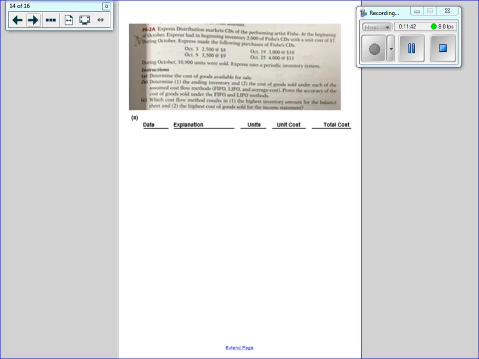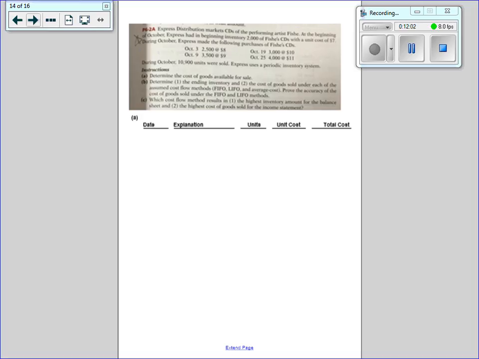Express Distribution markets CDs for the performing artist Fish. At the beginning of October, Express had an inventory of 2,000 of Fish's CDs with a unit cost of $7.